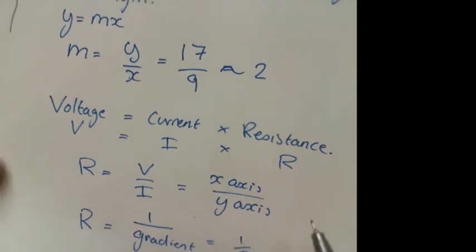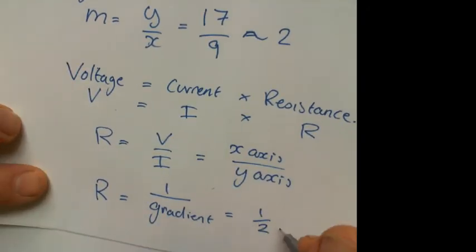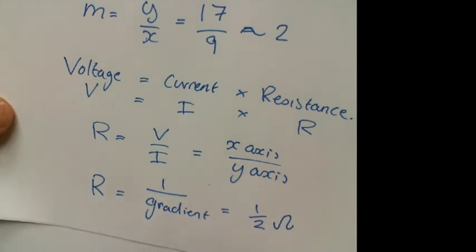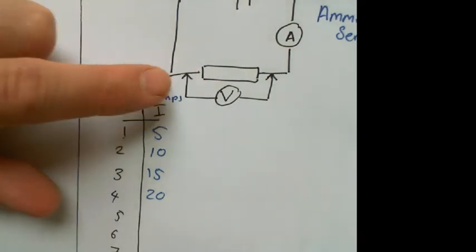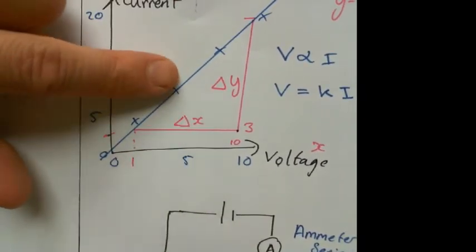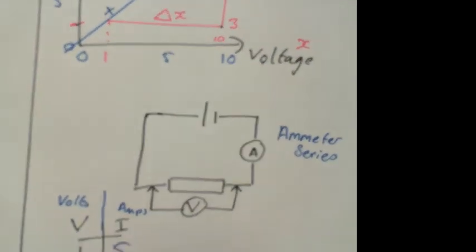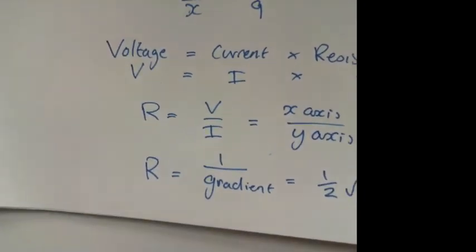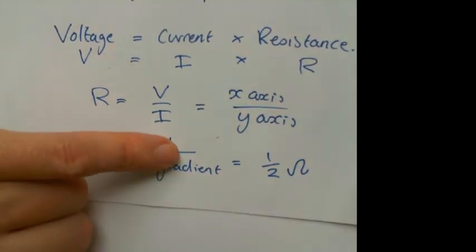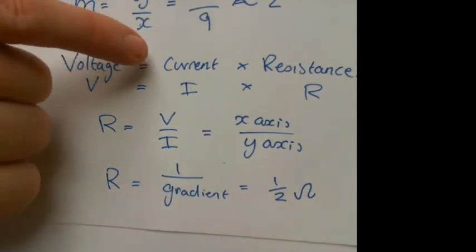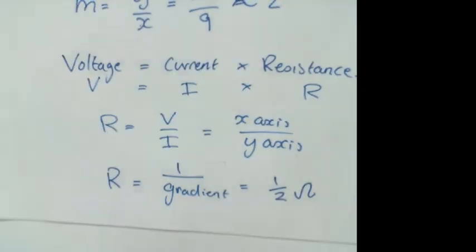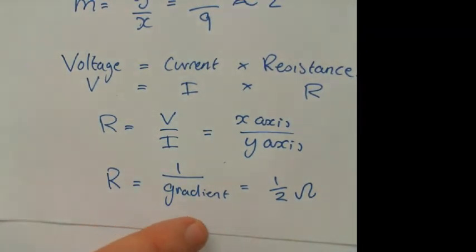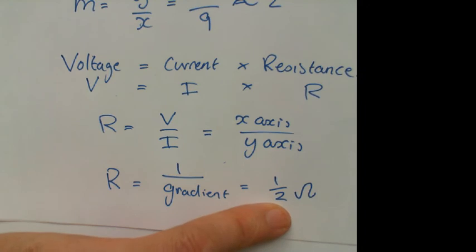So in our example, the resistance of this component here, because we worked out the gradient to be 2, and we know that resistance is 1 over the gradient from Ohm's law, voltage equals current times resistance, then the resistance of that component must have been 0.5.